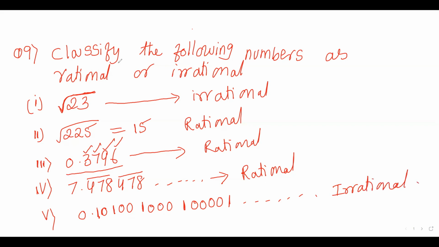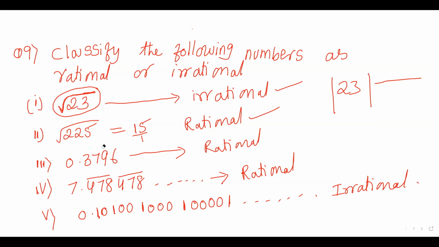Okay, so once again I'm explaining the answers. 23 doesn't have a square root. If you try to find the square root of 23, it will be a non-terminating, non-repeating decimal, so it is irrational. Square root of 225 is 15. 15 is in P by Q form. All perfect squares are rational.